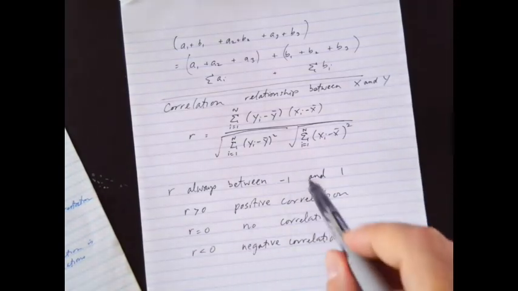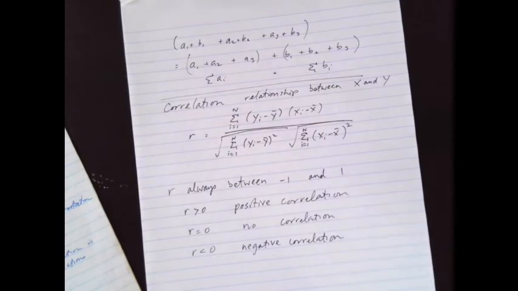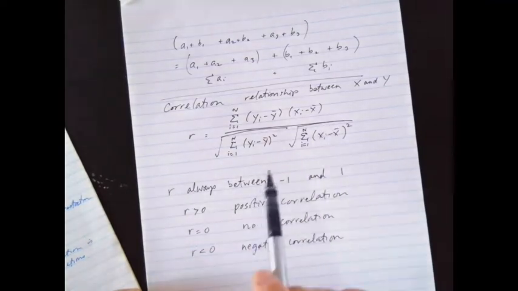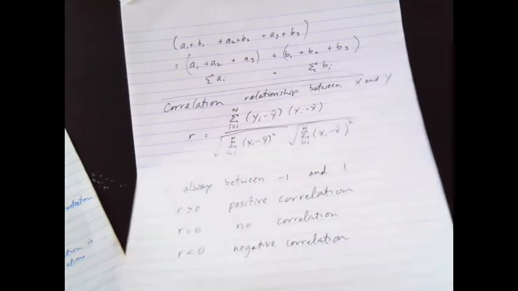Now, why is it bounded between -1 and +1? Well, let's imagine that x and y are perfectly correlated. So whatever x does, y does exactly the same. So y and x are always perfectly correlated.